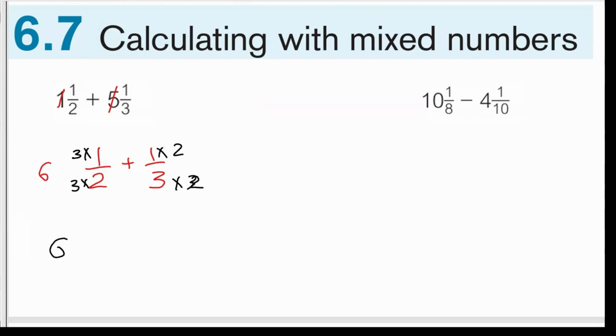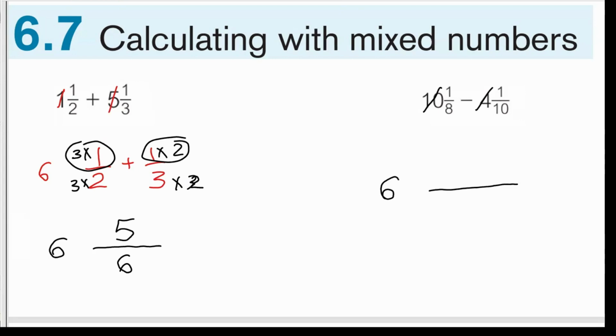So you have 6 as a whole number, 6 as a denominator, and then you have 3 plus 2, which is 5. One more. So you have 10 minus 4 is 6. And then the common number between 8 and 10 could be 80, but it also could be 40, which is the least common multiple.